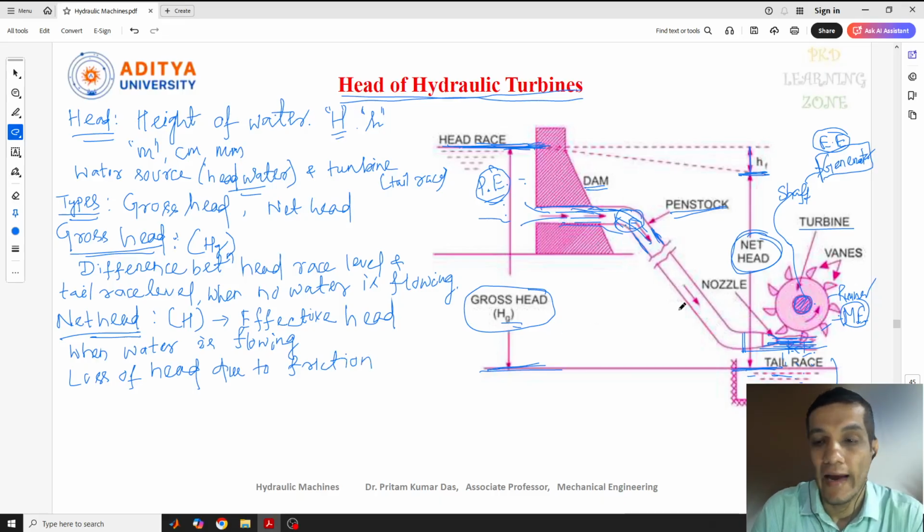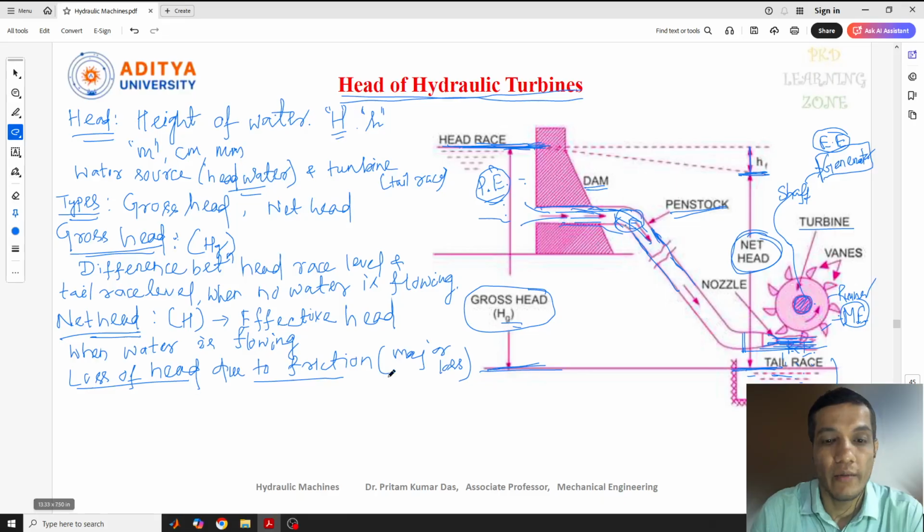Because when water flows through a pipe, we have seen losses of energy in our earlier video. One is major loss, another one is minor loss. This loss of head due to friction comes under major loss.